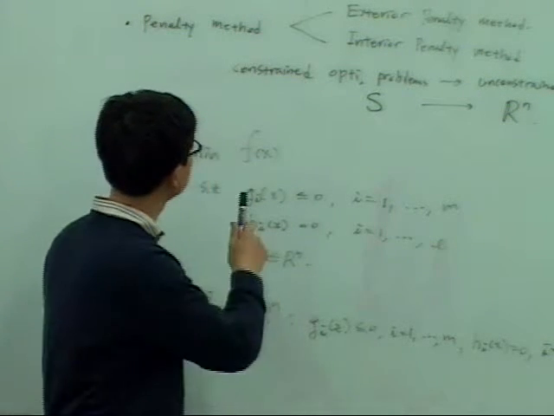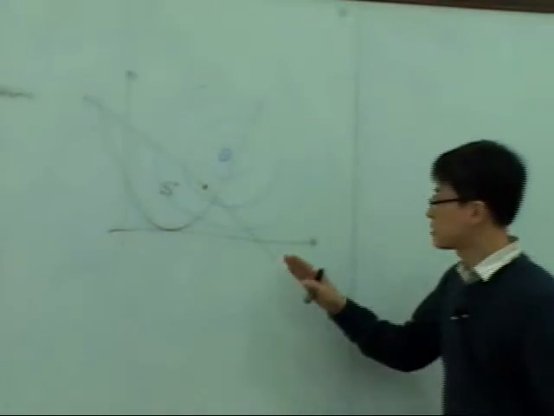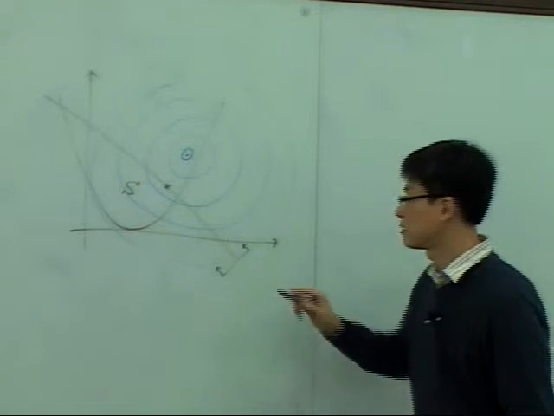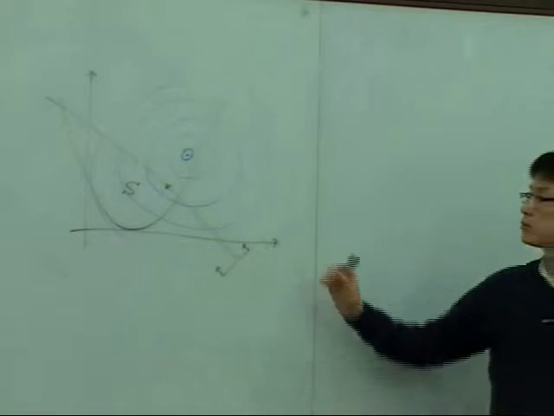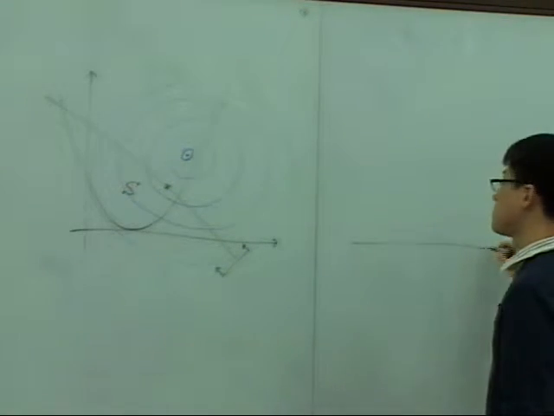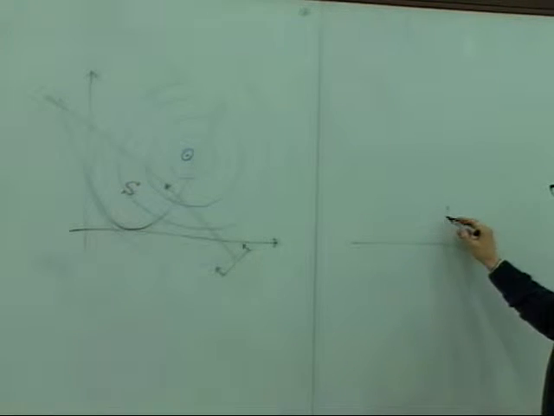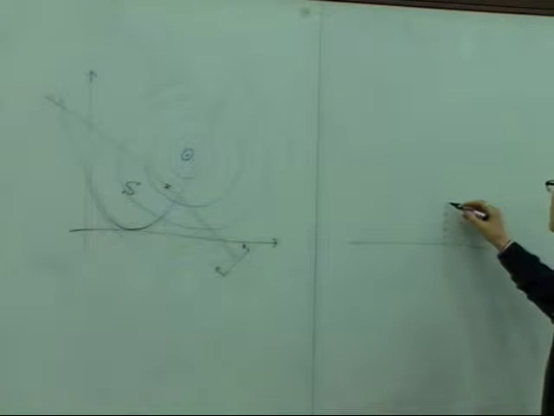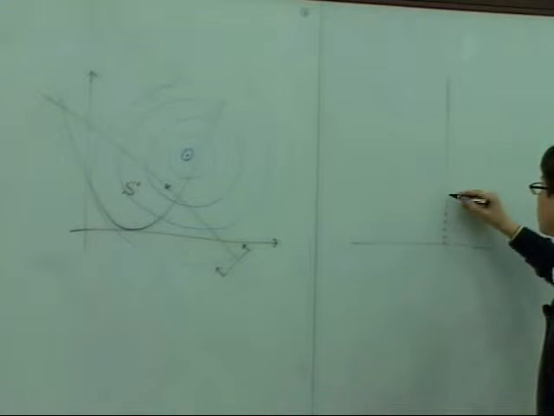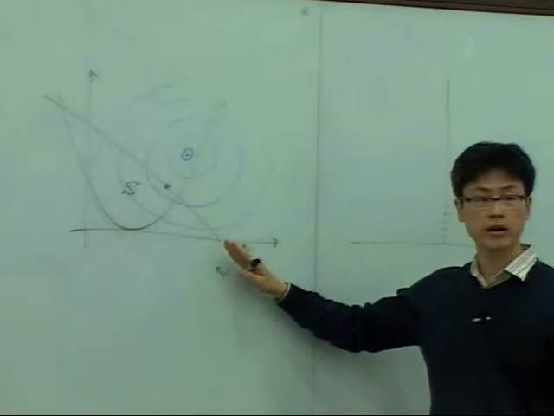So, the idea of this penalty method is like this. Let's look at this part. Let's put our eyes here and look in this direction. Then the function will look like that. That's our cutting plane here.